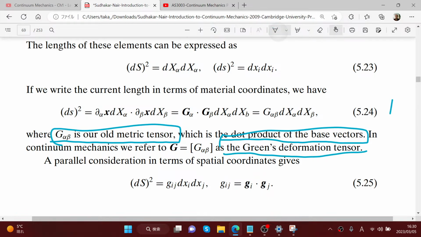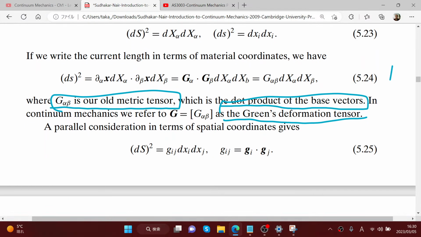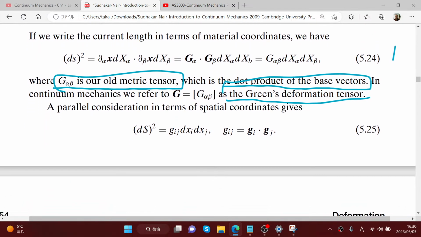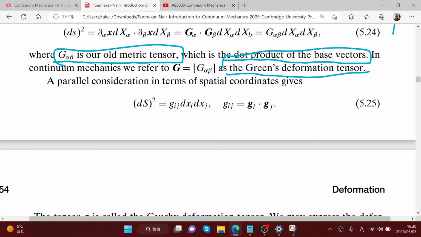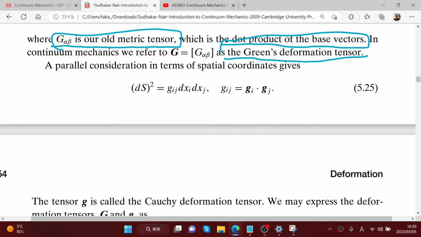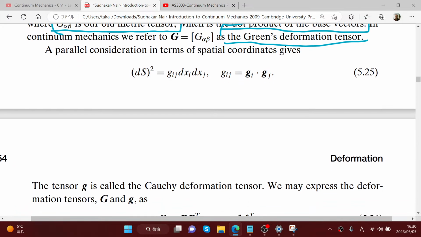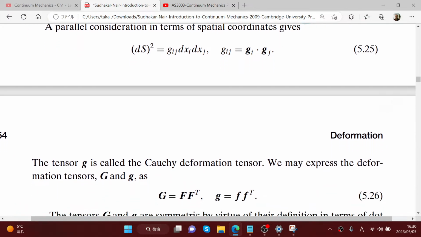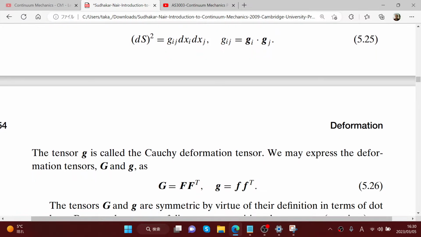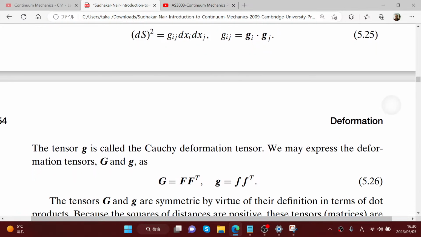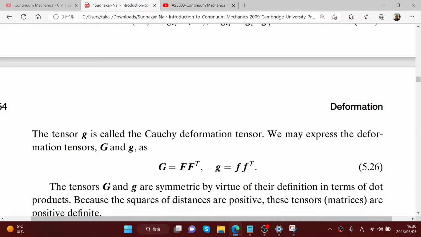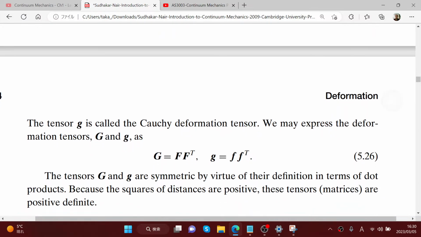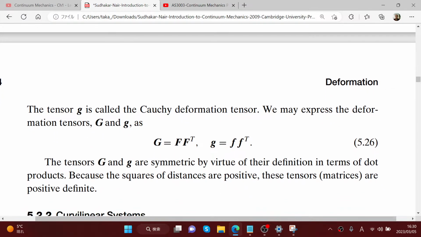A parallel consideration in terms of spatial coordinates gives dS squared is g_ij dx_i dx_j, where g_ij equals g_i dot g_j. The tensor g is called the Cauchy deformation tensor.